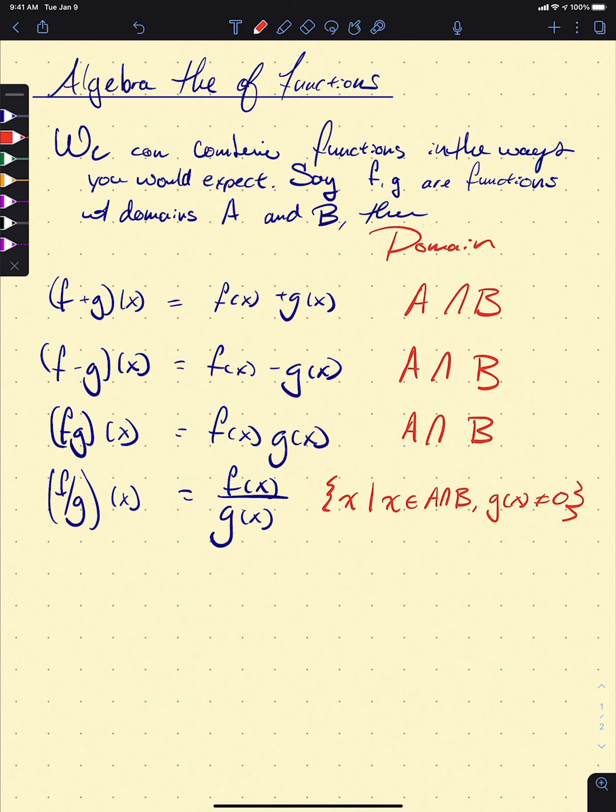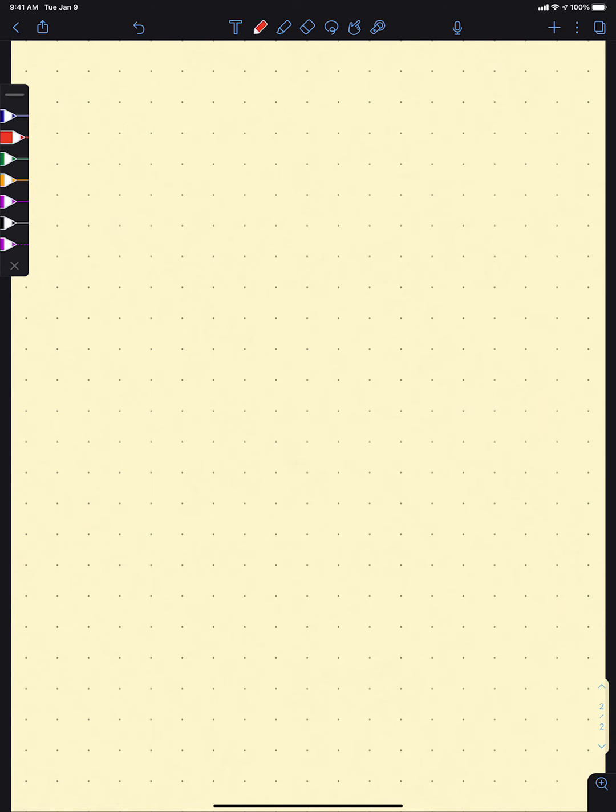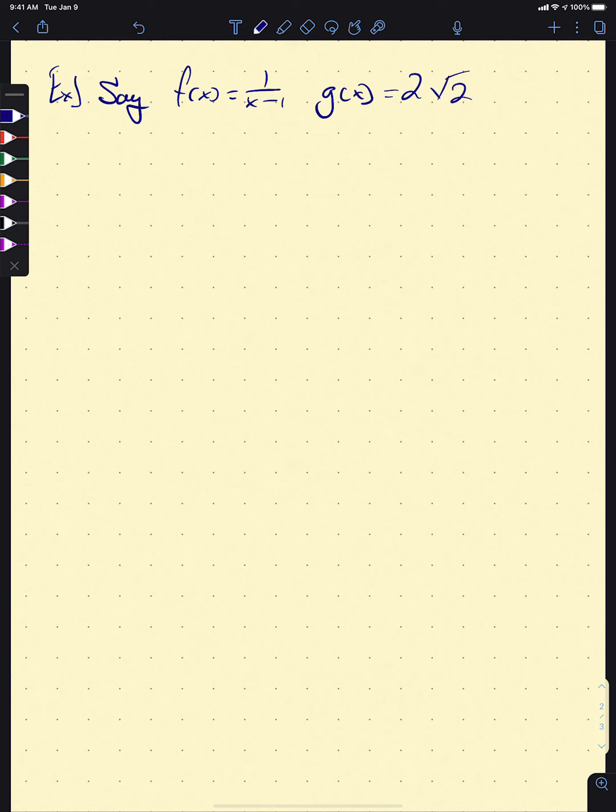Okay, so let's do a few examples of this. Let's say f of x is 1 over x minus 1, and g of x, we'll say it's 2 times the square root of x.